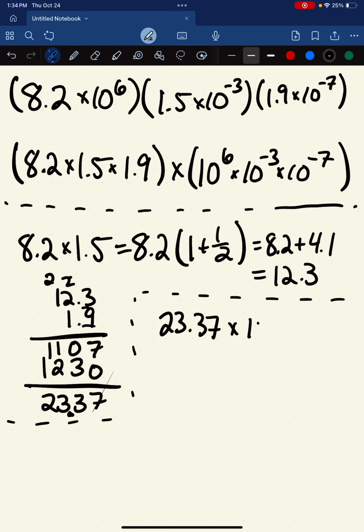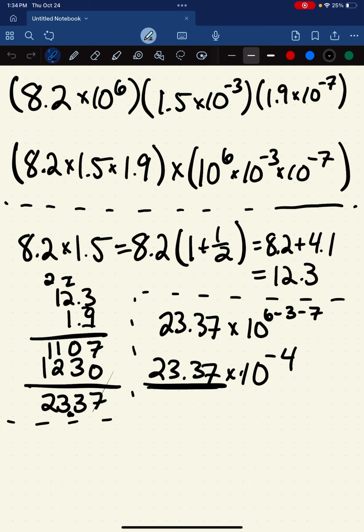That's the same thing as 23.37 times 10 to the 6 minus 3 minus 7. 6 minus 3 is going to be 3. 3 minus 7 is minus 4. This number is too big, so divide by 10, and then multiply this one by 10.